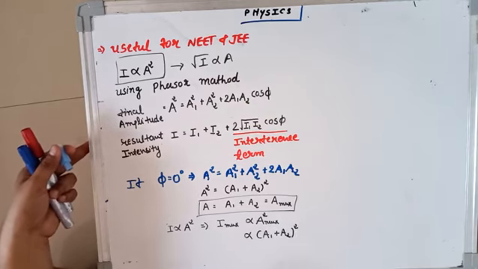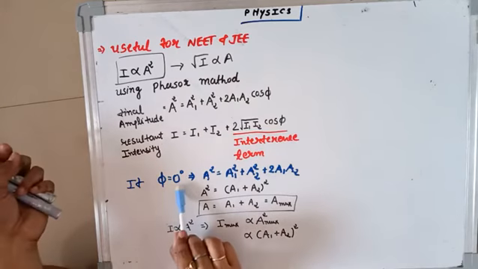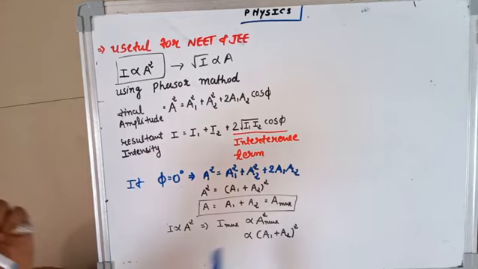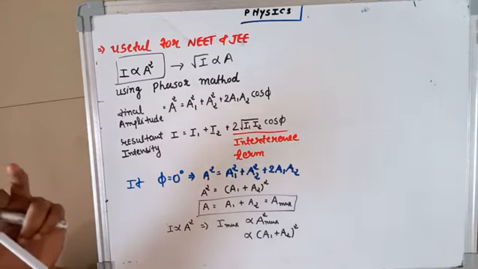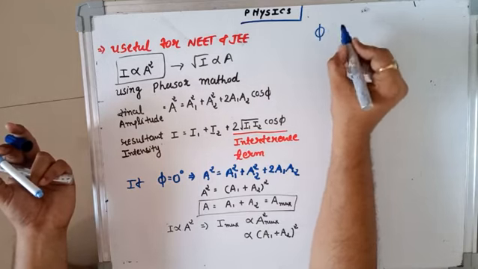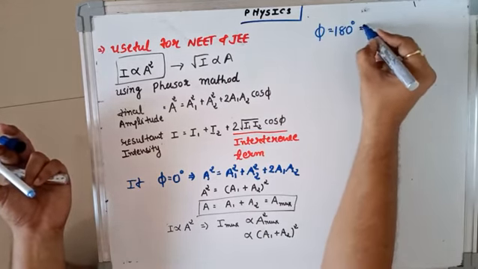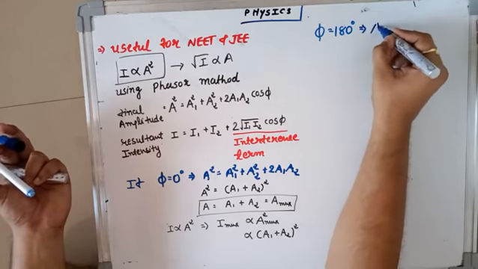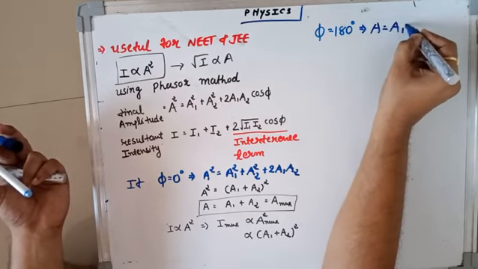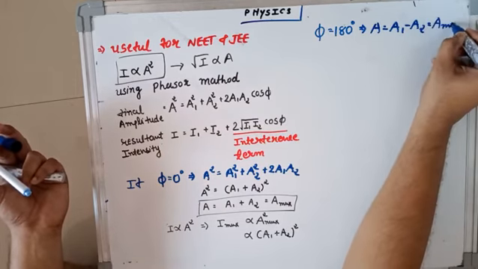If we take phi is equal to 180, we do not have to calculate, we can directly write that A is equal to A1 minus A2, and this is the A minimum.